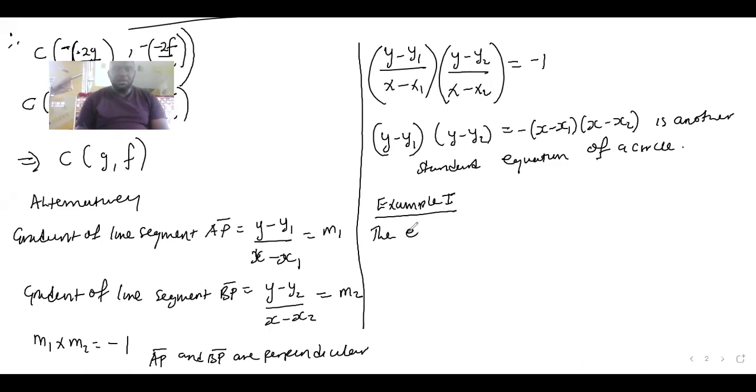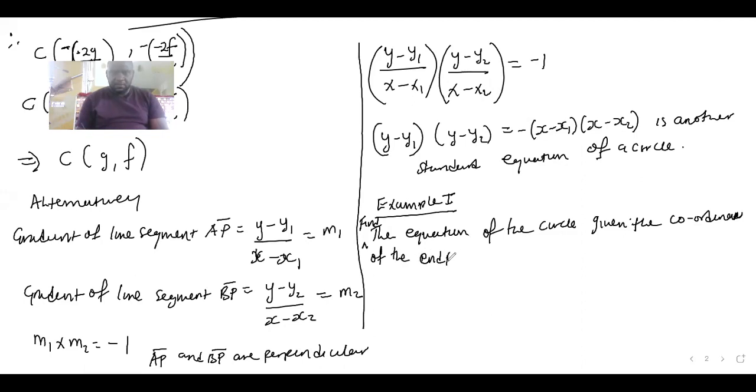Find the equation of the circle given the coordinates of the endpoints of the diameter as (2, 3) and (4, 7).